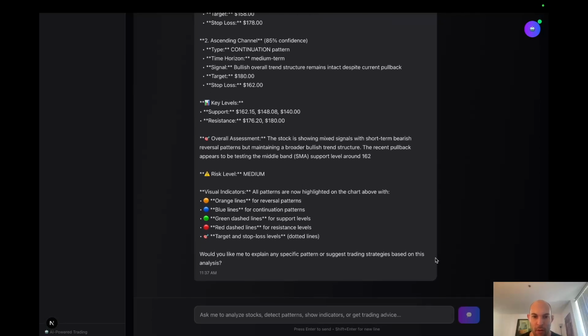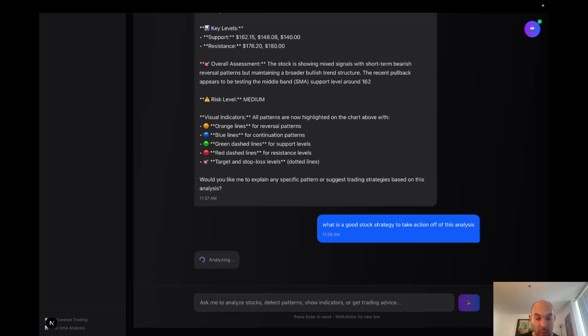So, you can also say, what is a good stock strategy to take action off of this analysis. So basically, what's a good stock play to do with this knowledge base we've searched for and figured out so far?